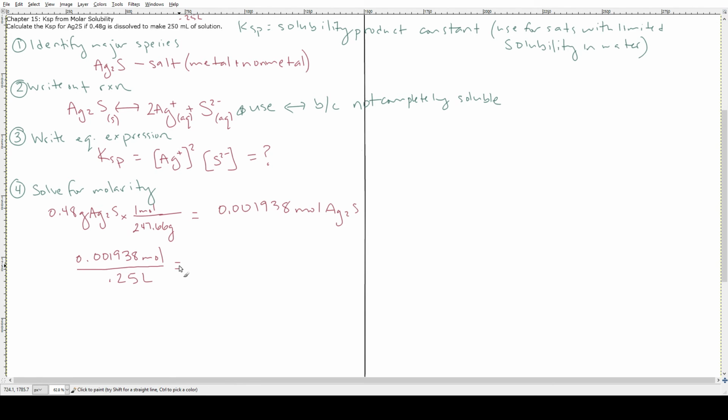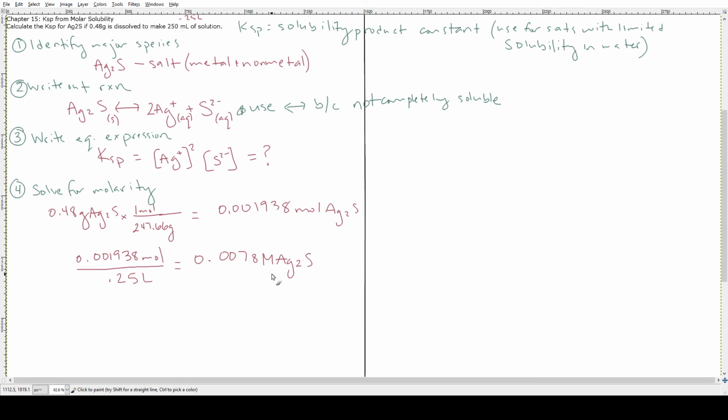And let's see what that comes out to. I only have 2 significant figures, so 0.0078 molarity Ag2S, and I can use that to figure out my molarities of the different ions.